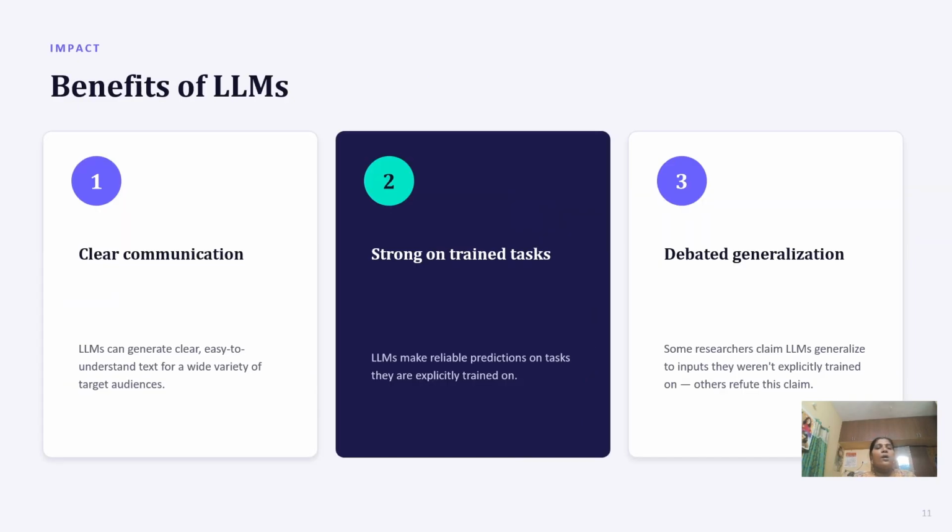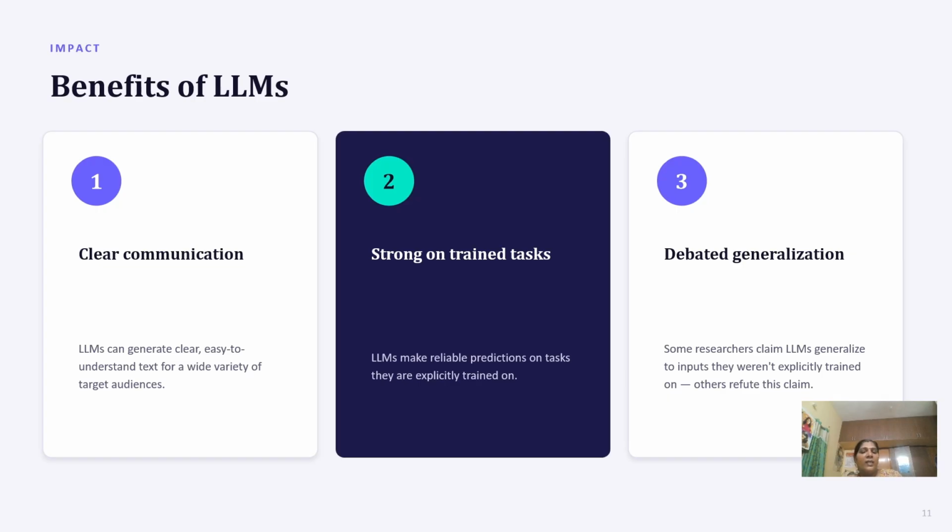Now, to understand the benefits of LLMs: first, LLMs can generate clear communication. It makes you understand the text easily for a wide variety of target audiences. The second point is they are strong on trained tasks. LLMs make reliable predictions on tasks they are explicitly trained on. The third is debated generalization.